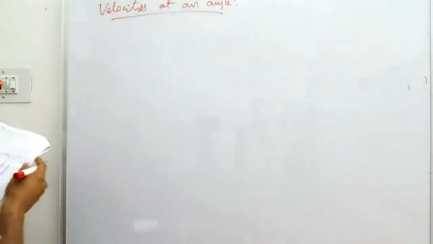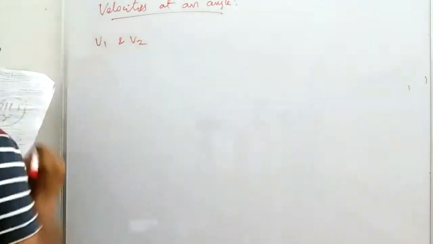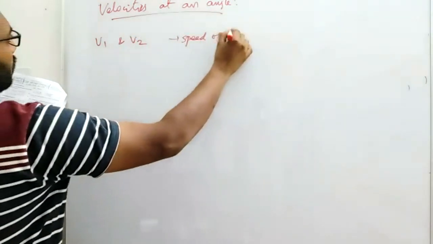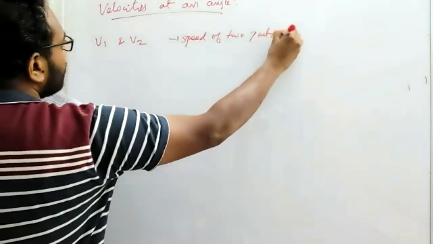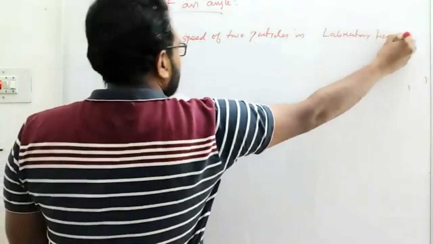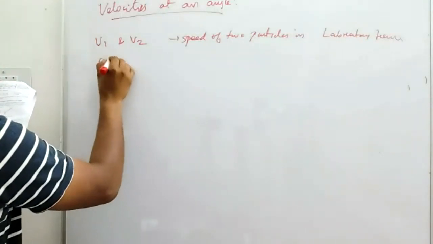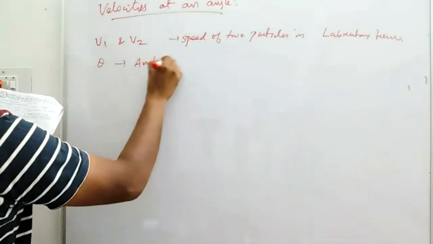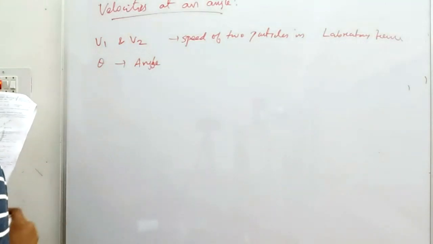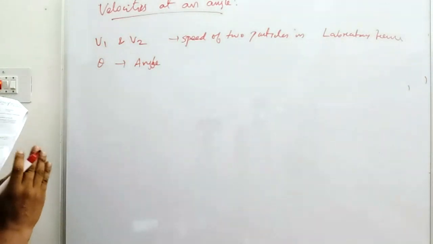So the question is this: if V1 and V2 are the speeds of two particles in the laboratory frame, and theta is the angle between their directions as observed from the lab frame, calculate the velocity V2 with respect to a particle with velocity V1.